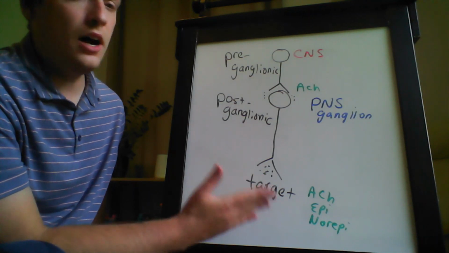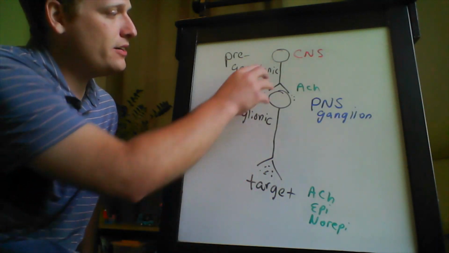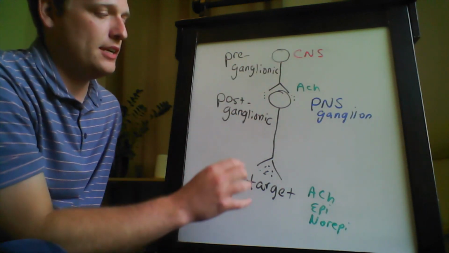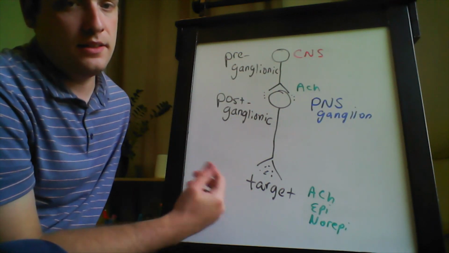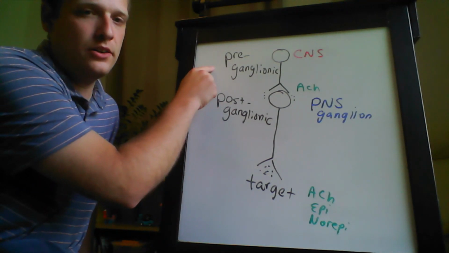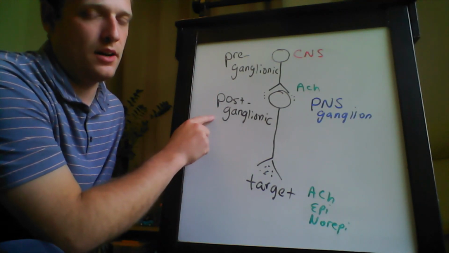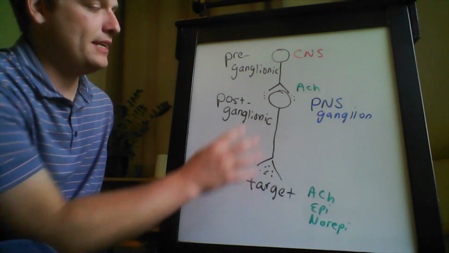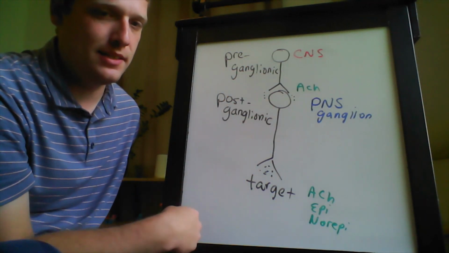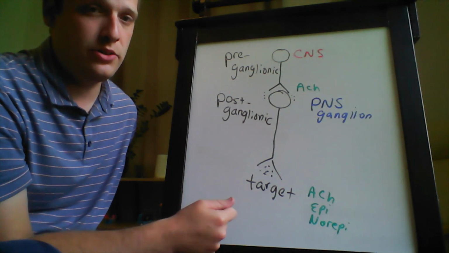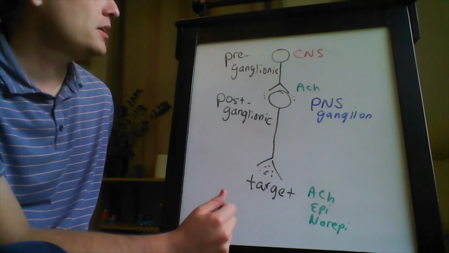And again, those targets are going to be your cardiac muscle, smooth muscle, and glands. So for the autonomic nervous system, there's a series of two neurons between the central nervous system and the target cell. And you have the pre-ganglionic neuron and the post-ganglionic neuron, 1 and 2. And each of these neurons, as is the case with other neurons, release neurotransmitters to deliver their signal.